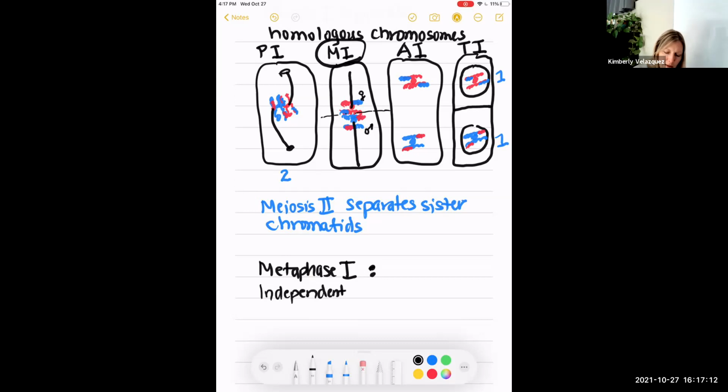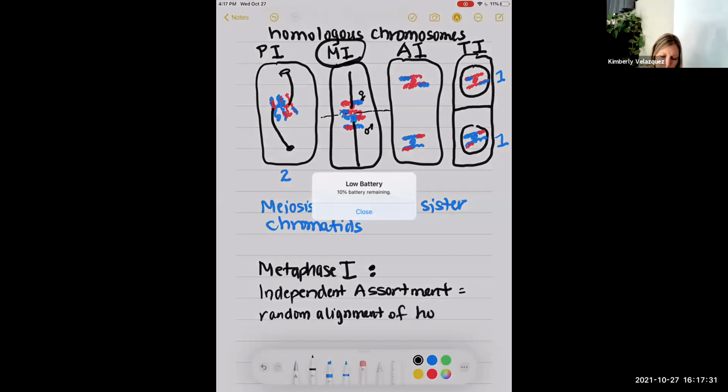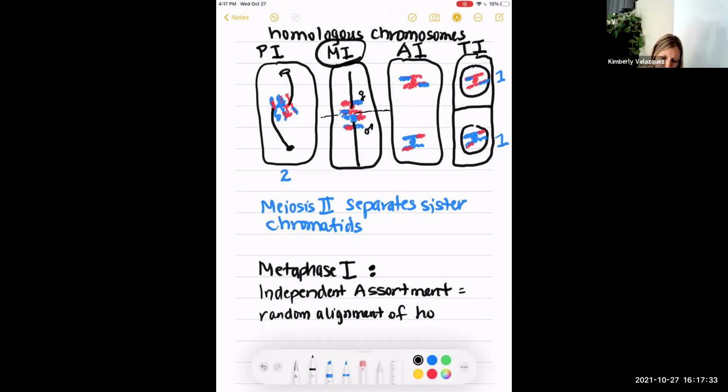This is the second way that genetic diversity occurs in the gametes. Remember, the first way was crossing over during prophase 1. This independent assortment is random alignment of the homologous pair during metaphase 1.